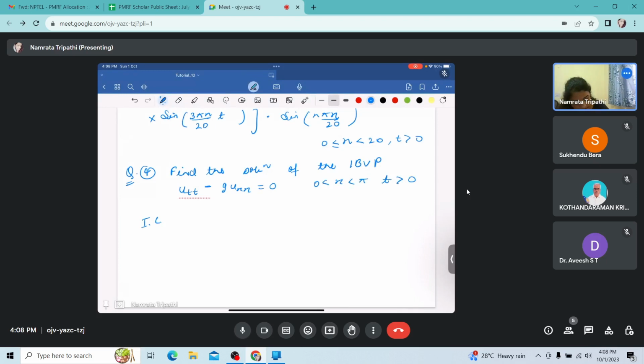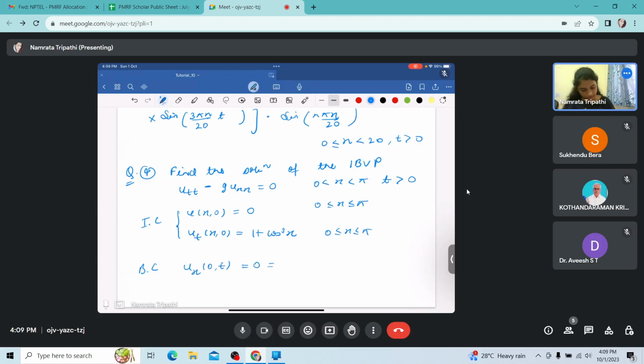The initial conditions are given, and the boundary condition. Here the boundary condition is given as ux(0,t) and ux(pi,t).